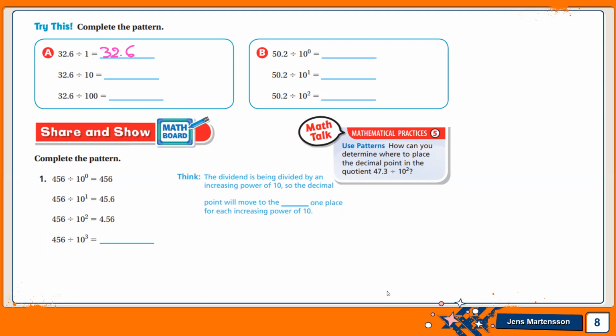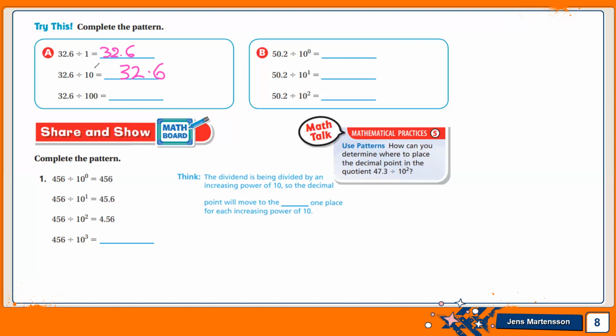So yeah, here we have to move it to the left because it's dividing. And how many digits? Because it's 10, how many digits do you have to move the decimal point? 1 digit. Bravo. So it will be 3.26. Thank you, Dina.